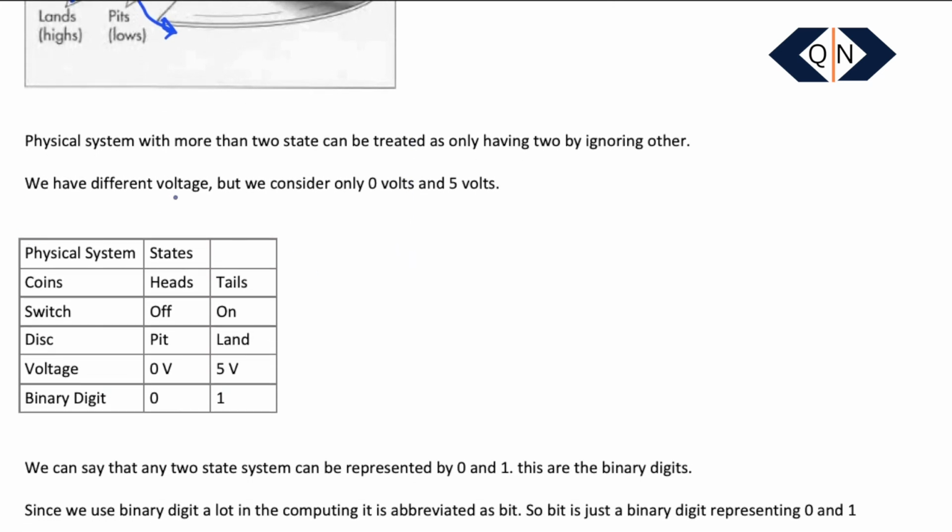So a physical system with more than two states can be treated as only having two. Consider the case of voltage. We know that we have 0 volt, 1 volt, or even 1.5 volt also. So there are many different voltages, but we are only considering 0 volt and 5 volt.